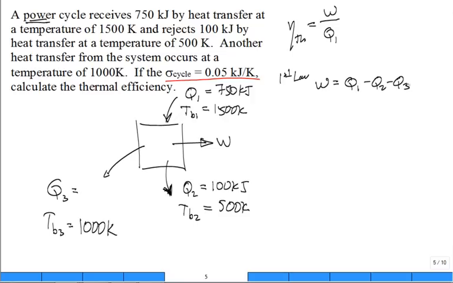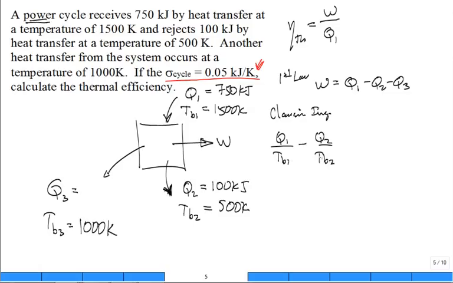Well, this is the hint right here. This red line is they gave us the strength of that inequality. Let's use Clausius's inequality. If you use Clausius inequality, turned into an equality with that constant, then what we have is Q1 over TB1 in minus Q2 over TB2.